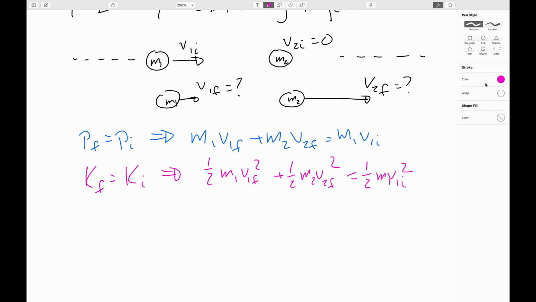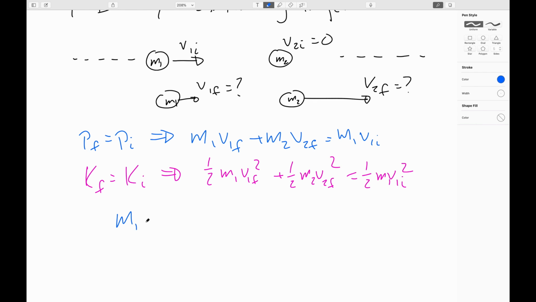So I'll try to keep drawing in blue whenever I'm worried about the momentum equation, and pink whenever I'm worried about the energy equation. So I'll take the momentum equation here and rearrange it to put the V1s on one side and the V2s on the other side.